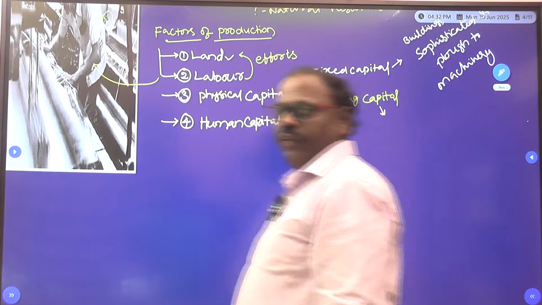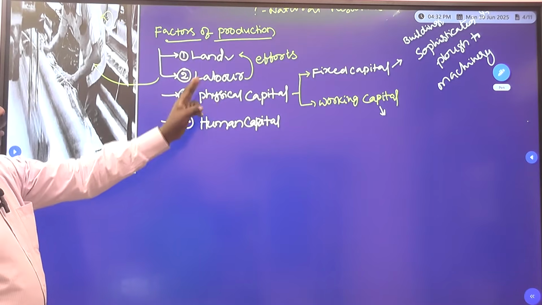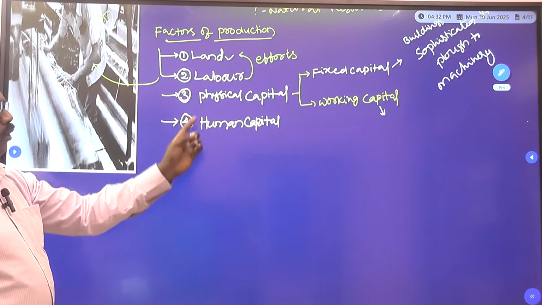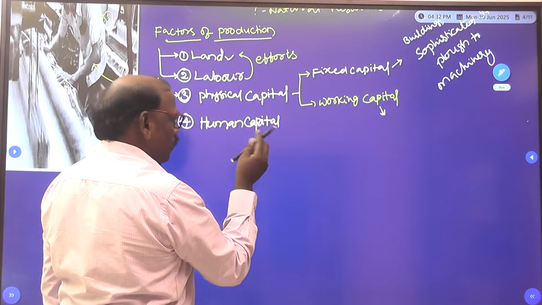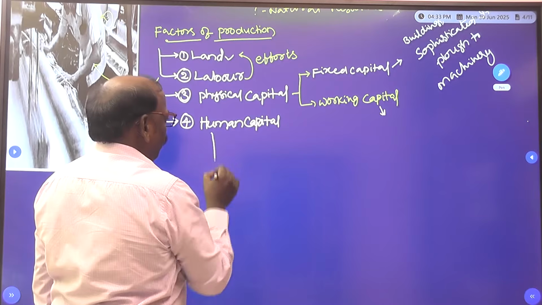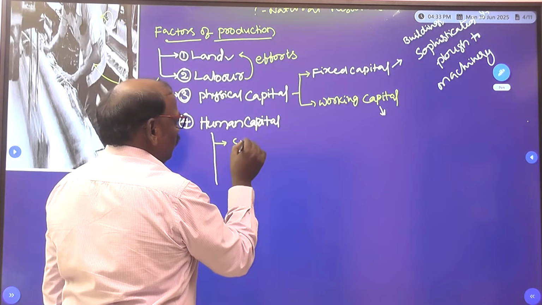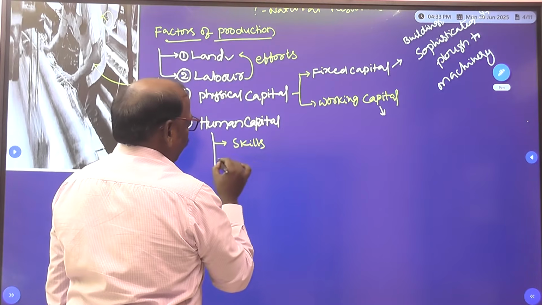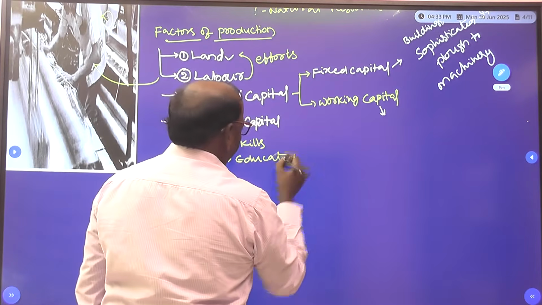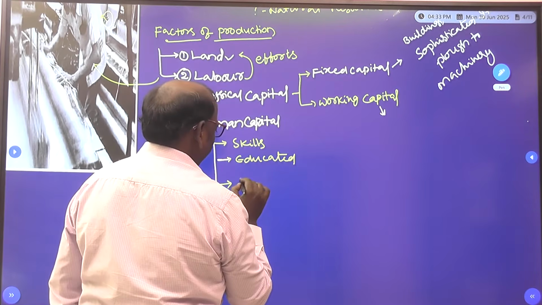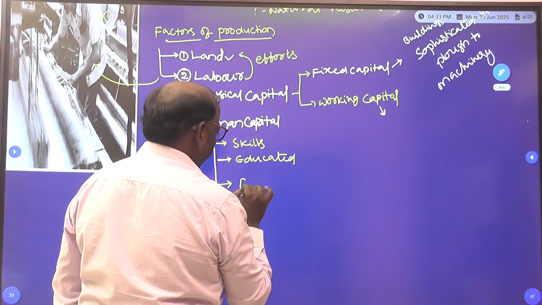So what are the factors of production we have? First one is land, second is labor, third is physical capital, and fourth is human capital. What is human capital? If you see right here, people are applying their skills and they are educated.